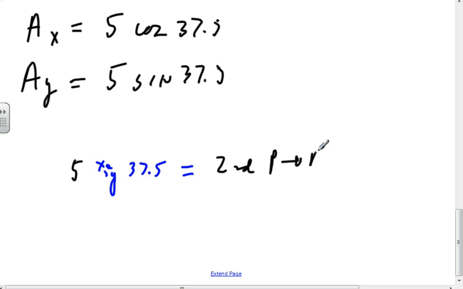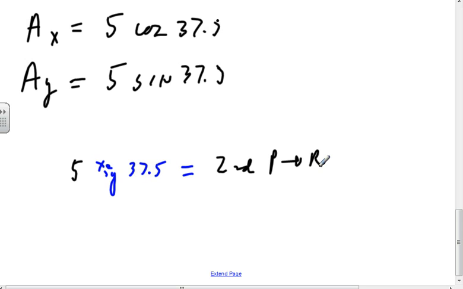Okay, so on my calculator, 5, right there's the XY key, 37.5, equals, second function, change to rectangular. Yeah, something messed up.